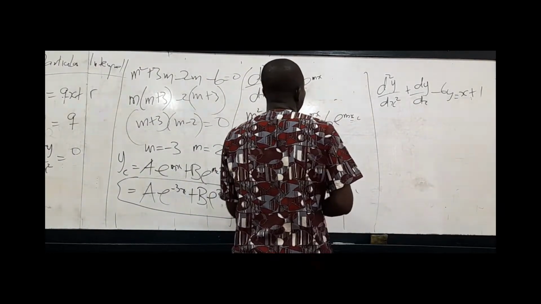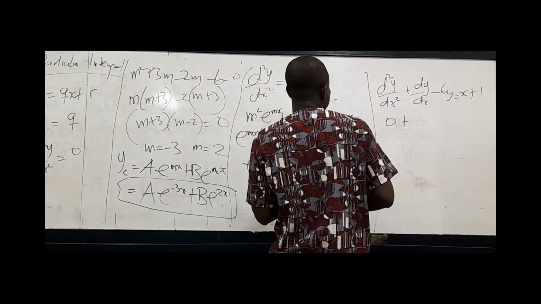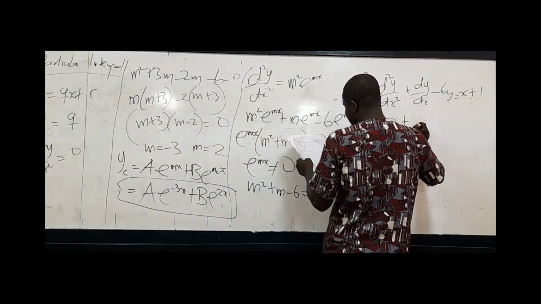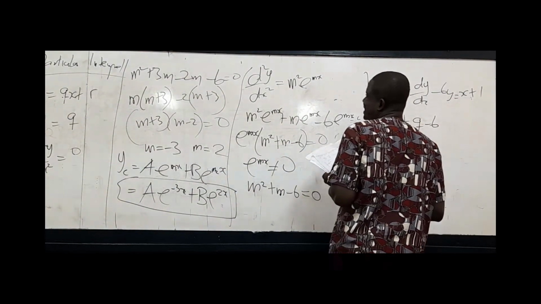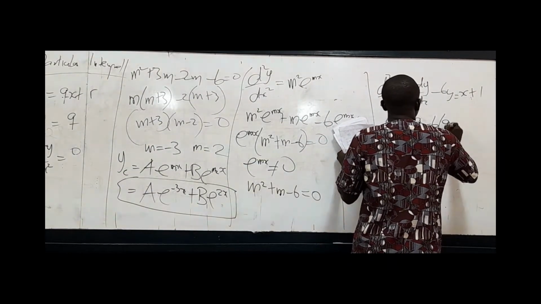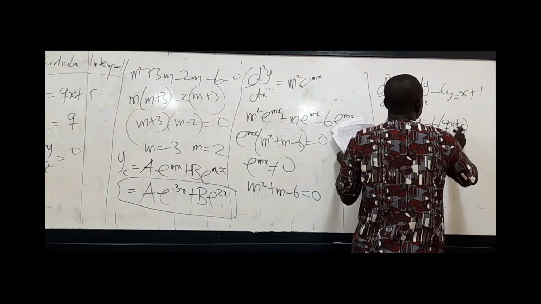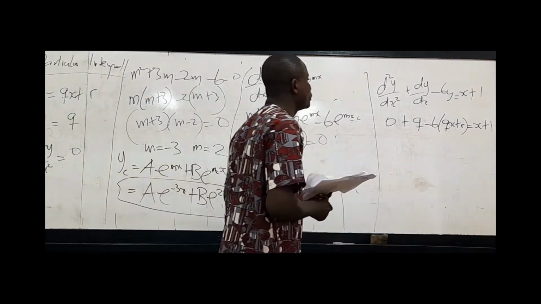What is the second derivative? 0. Plus dy/dx, which is supposed to be q, minus 6y. And our y is qx plus r, so 6 times (qx plus r) in this case, is equal to x plus 1.